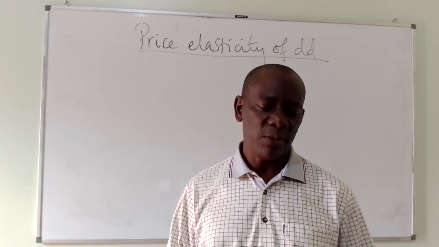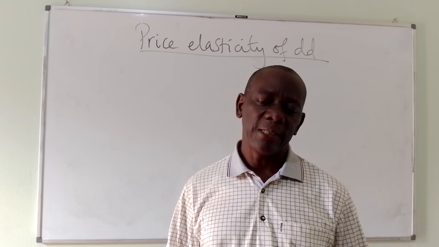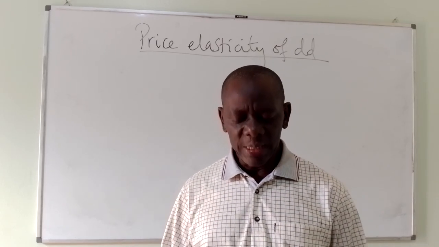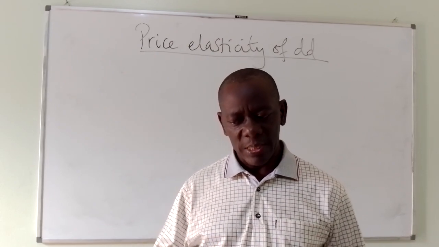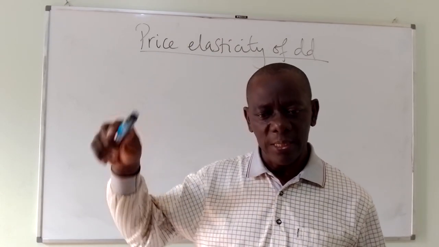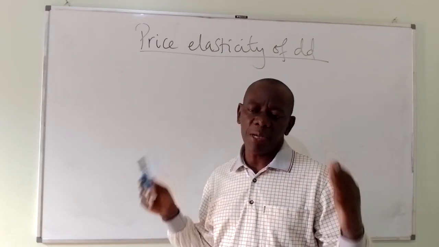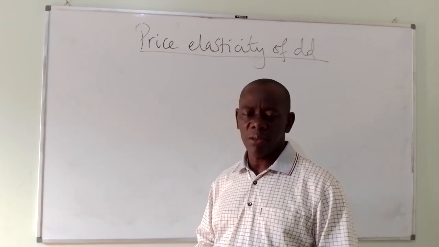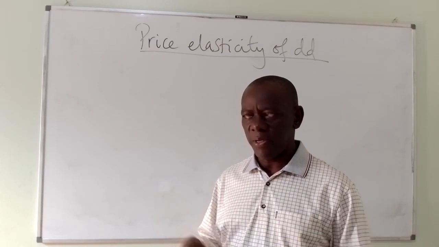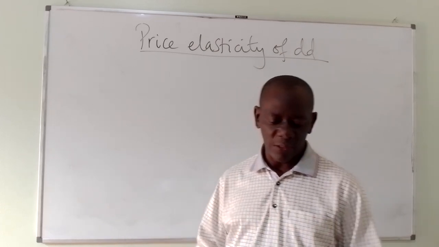Remember that when we looked at the law of demand, the law says that the higher the price, the lower the demand, and the lower the price, the higher the demand. Now we want to measure, when you are changing the price from high to low, what will be the change in the quantity demanded of that very commodity whose price is changing.